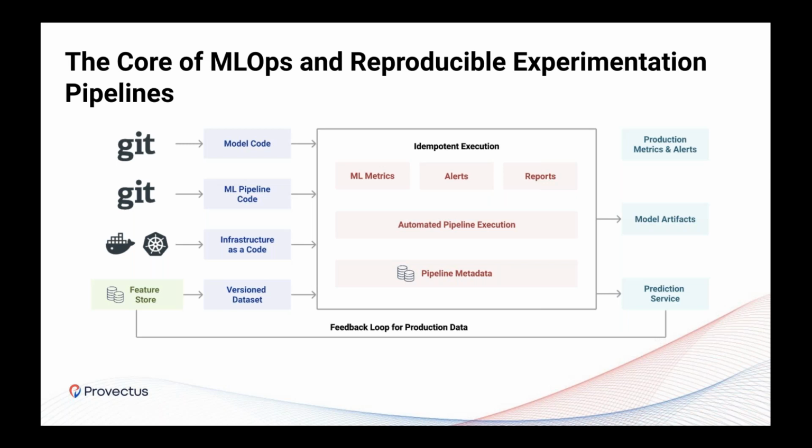You trigger the same pipeline manually to run an experiment, and the very same pipeline is automatically triggered from GitHub and CI/CD tools for continuous integration and deployment. So this is the core, the backbone of your machine learning infrastructure and reproducible experimentation and machine learning operations. Everything else is, in our opinion, secondary.